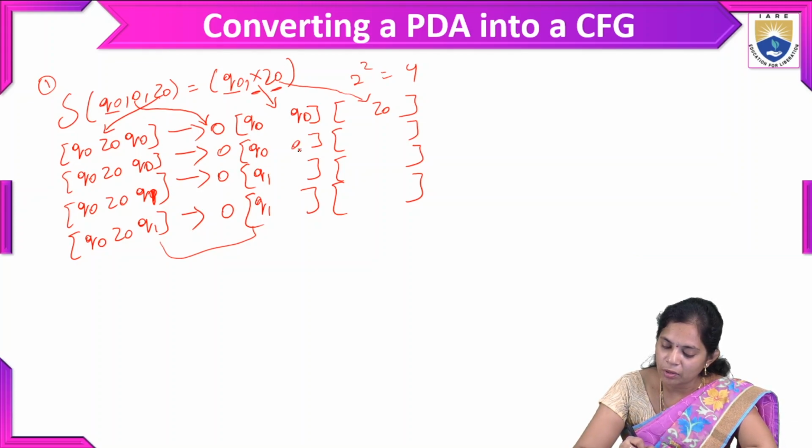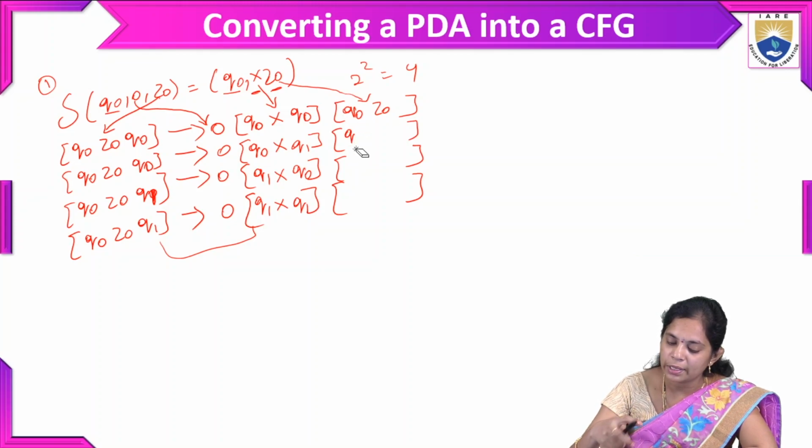With the combination of Q1 and Q0 and Q1, whatever the top is, X is in between, and we write it like this. Here also we need to write the combinations, Q1, and here also Q0, Q1.